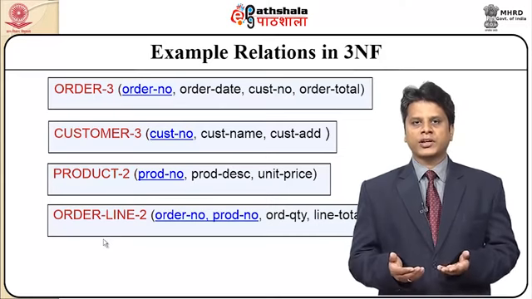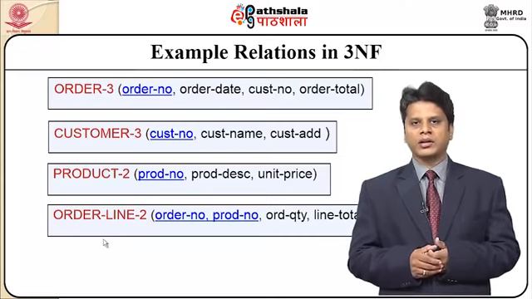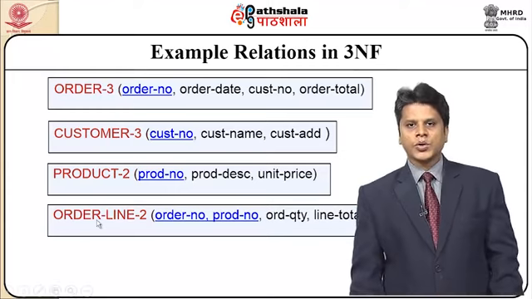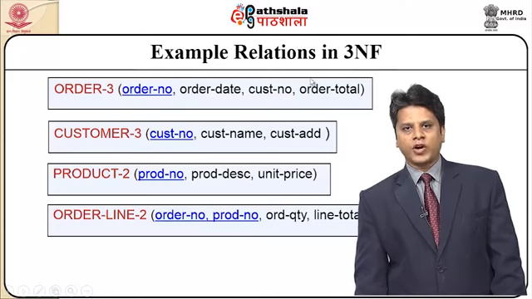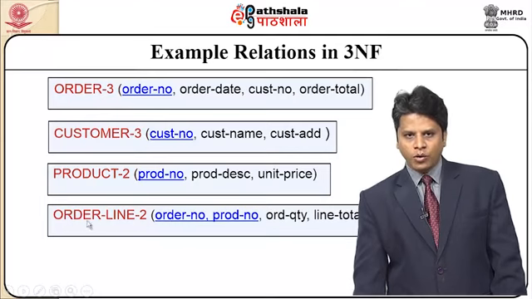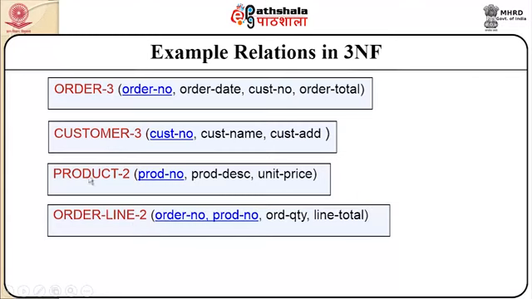It is not one specific relation which was derived out of a particular normal form, it is multiple relations that have been derived. So, after performing 3 normal forms, this order relation is being divided into 4 relations: order 3, customer 3, product 2 and order line 2. The relations product 2 and order line 2 have not been changed after second normal form, whereas the relations order 3 and customer 3 went until third normal form.